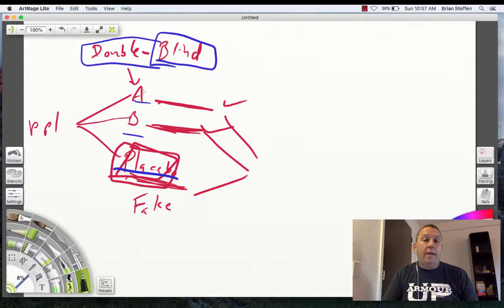Maybe treatment A has, again, 150 milligram and 200 milligram. I'll do the same thing here. I'll keep the placebo as flat because it doesn't matter really if there's only one placebo. Then I could also look at, maybe there's people who are under a certain weight and over a certain weight. So that's another factor that goes into all these different treatments that I'm going to do, comparing them as time goes on.